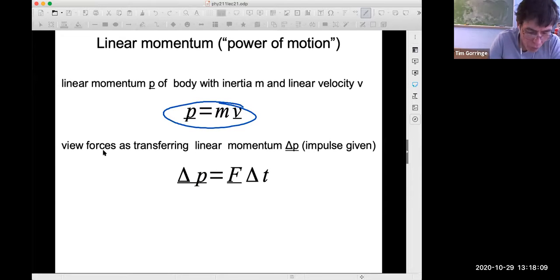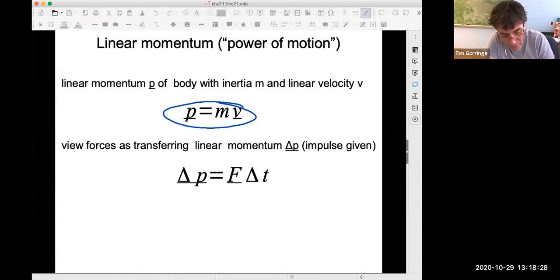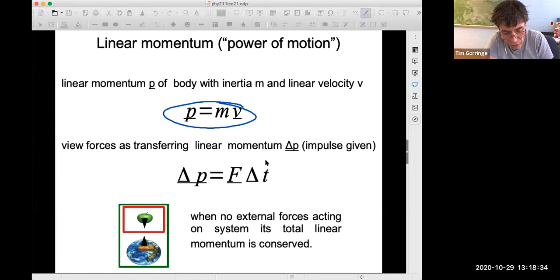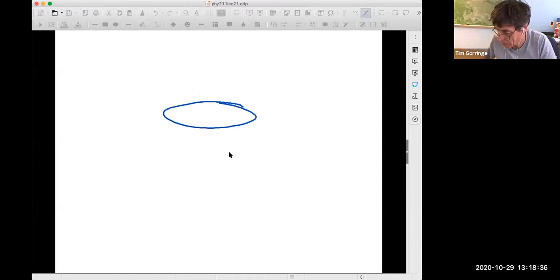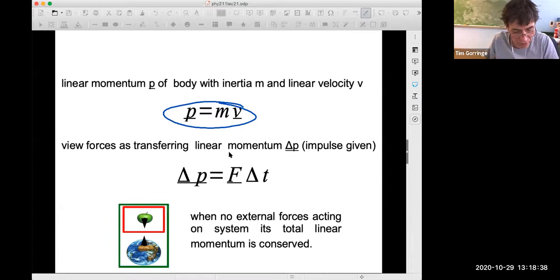And one way of picturing forces is that they transfer linear momentum. So when a force acts on an object, in general, it changes its linear momentum. We call that change in linear momentum the impulse. The impulse given by a force, delta P, the change in momentum, is related to the force by this equation here.